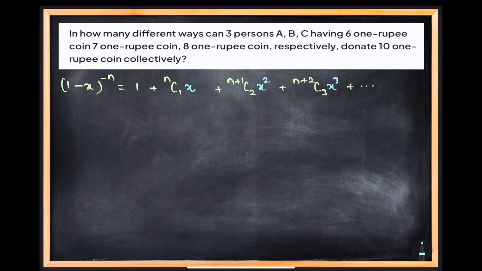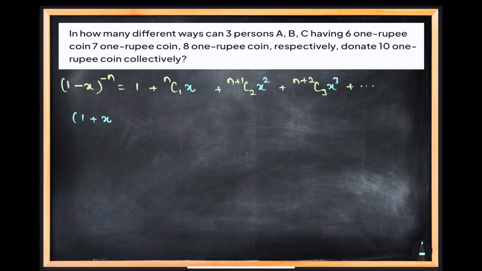Now look at this. Suppose that person A is having 6 one-rupee coins. If you observe, A can start giving from what point? There is a chance that he may not contribute, so it is x power 0. I am taking x as the variable and the power as the contribution.